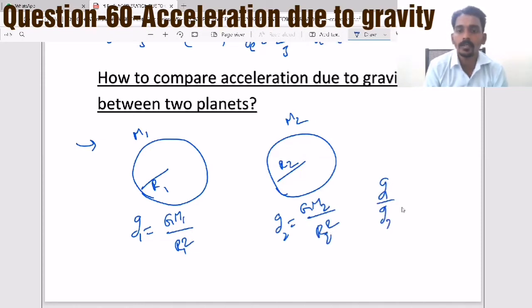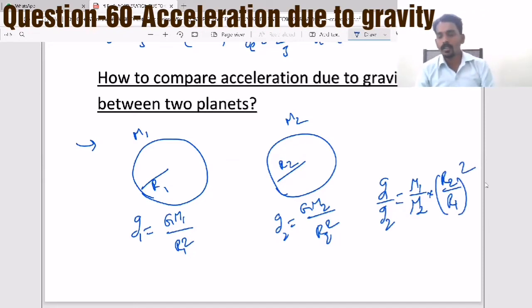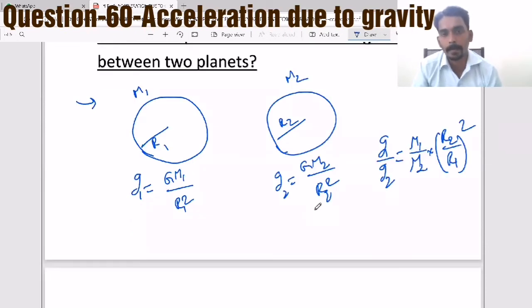Now g1 by g2 is m1 by m2 into r2 by r1 whole square. So it is directly proportional to mass and inversely proportional to square of the radius. That is the relation for comparison of acceleration due to gravity on two different planets.